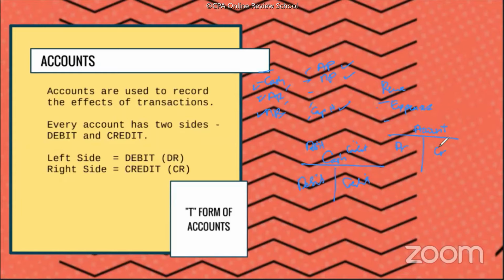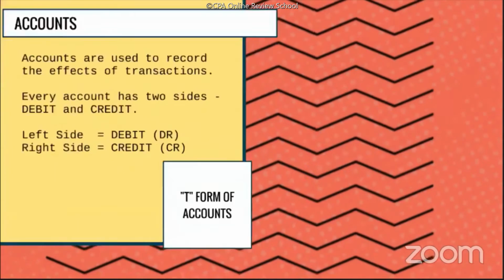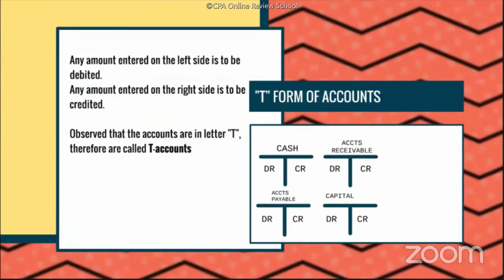So, T forms of account: what do we mean by having a debit and credit side? Any amount entered on the left side is to be debited. Any amount entered on the right side is to be credited. Observe that the accounts are in the shape of the letter T, so it is called a T account.